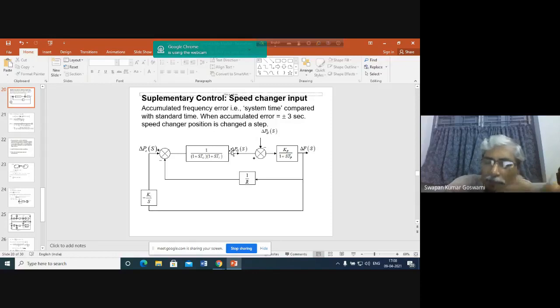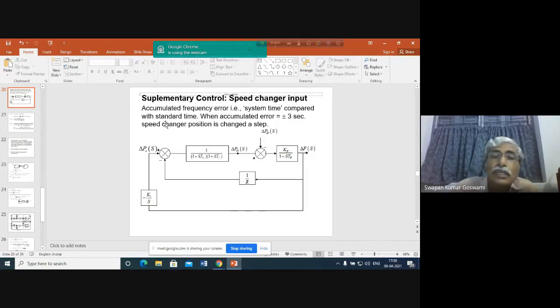Okay, that part, which is not a part of our curriculum, obviously, but that is interesting. We are discussing the frequency control, so we must discuss that thing as well. For completeness, that thing also should be discussed. That's why I shall discuss this.